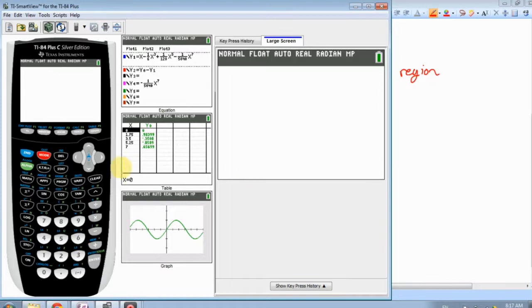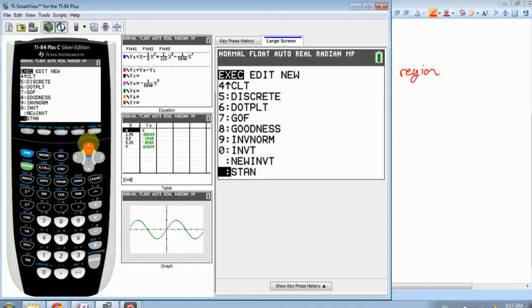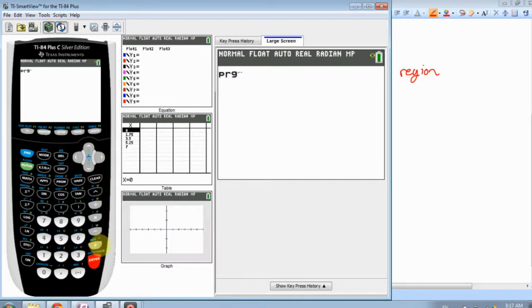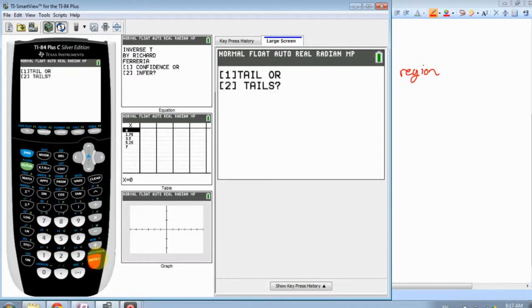So I think the program is going to work nicely for that. That's inverse t now, right? So now we're doing inference. We're going to do a one-tail test, and we want a 0.05 alpha level. Oh gosh, we didn't have a degree of freedom, right?